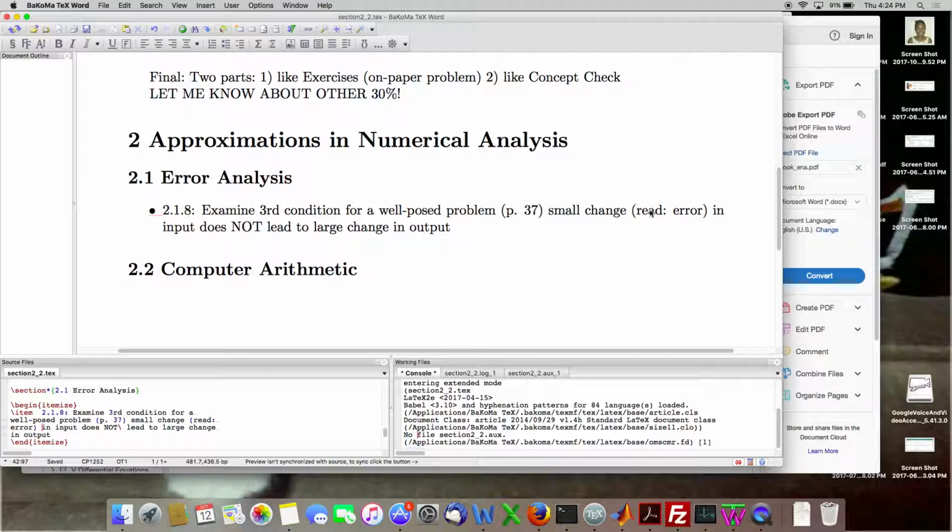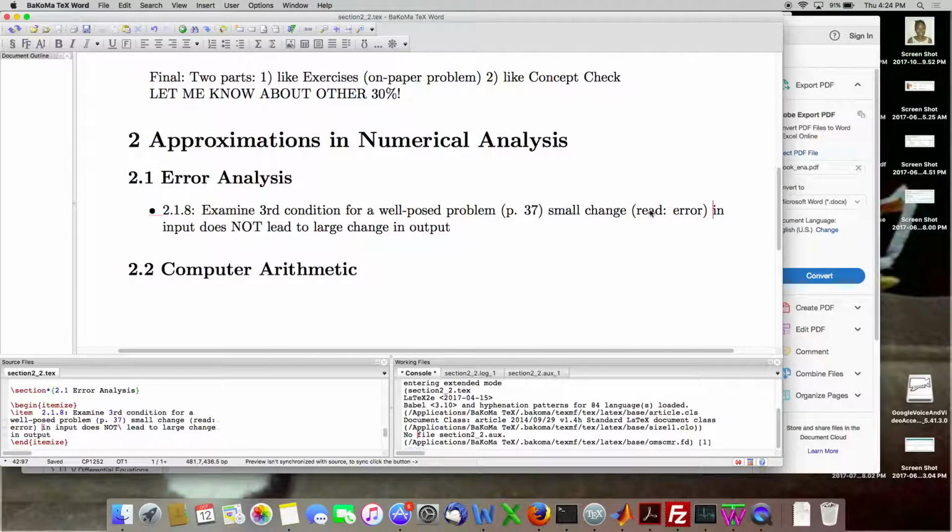The input data to your problem, like I said before, is often based on measurement, and measurement has error. You don't want a situation where some measurements are fed in as input and you get some solution as output, and then very slightly different input is fed in and the answer changes drastically.